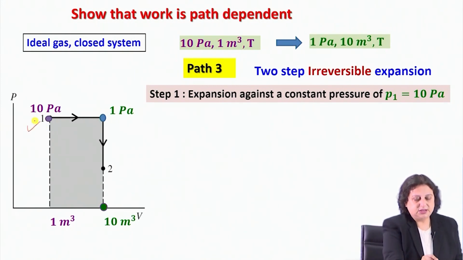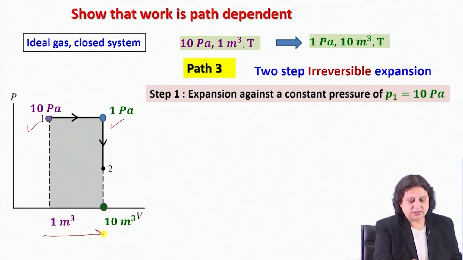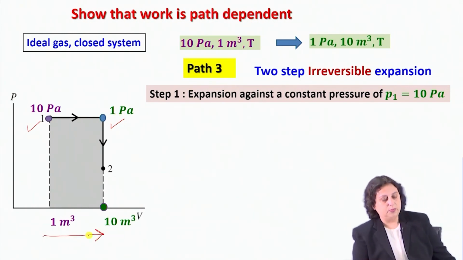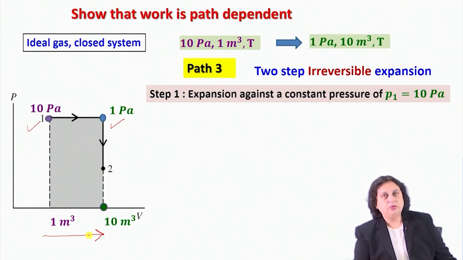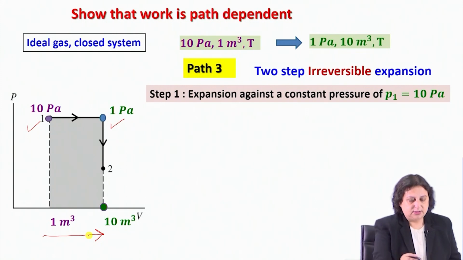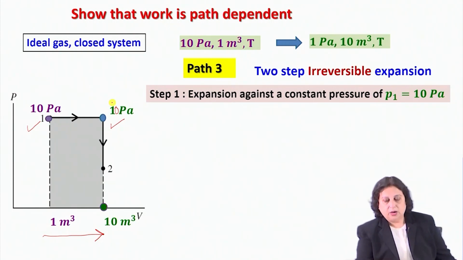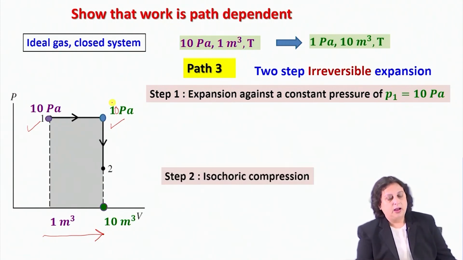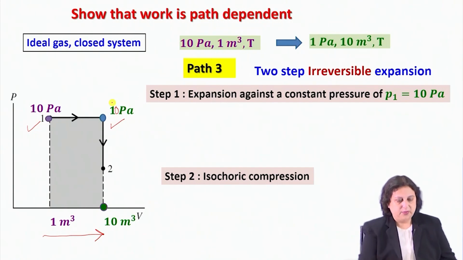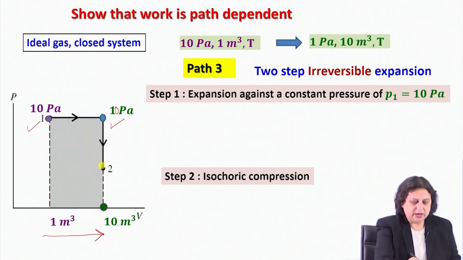This is the initial step, and then I have carried out an expansion from an initial volume of 1 meter cube to 10 meter cube against this constant external pressure of 10 Pascal. Now in this case, I use a second step, which is this isochoric compression, where the pressure becomes 1 Pascal.